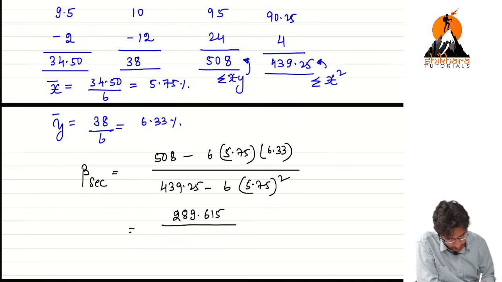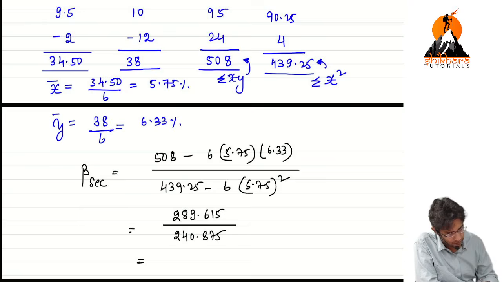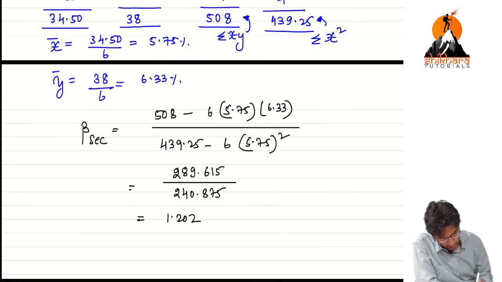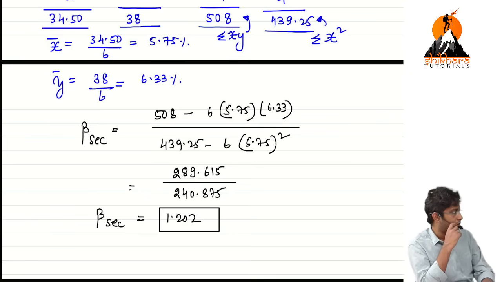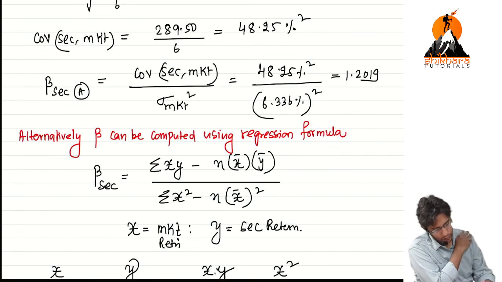289.615 divided by 439.25 minus 6 into 5.75 squared, which is 240.875. So 289.615 divided by 240.875 gives 1.202. How much did we get above? 1.2019.